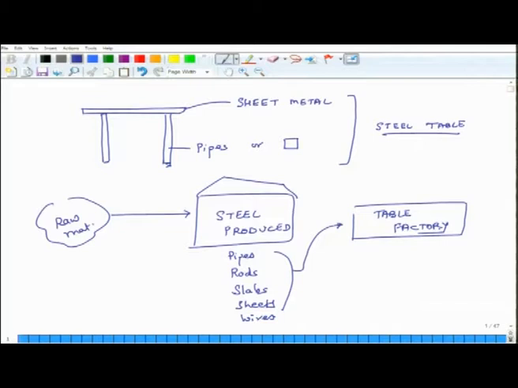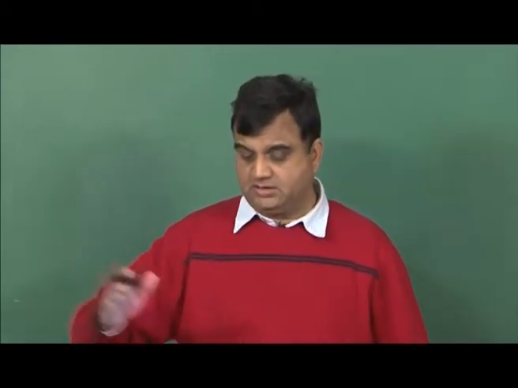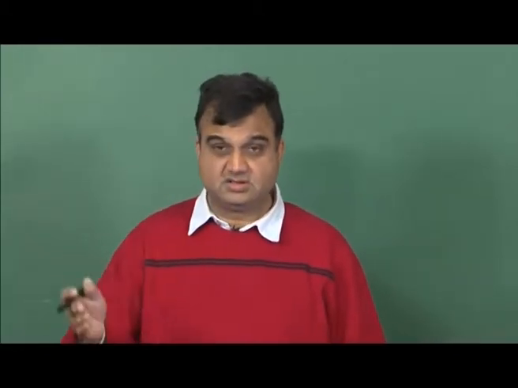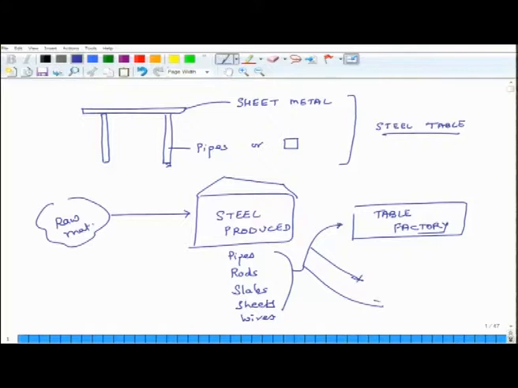So, raw materials get fabricated into standard forms, pipes, rolls, sheets, slabs, wires, and so on and so forth, and these simple shapes are then used in factories to make different components. So, you will have thousands and lakhs of different factories where individual components are produced.